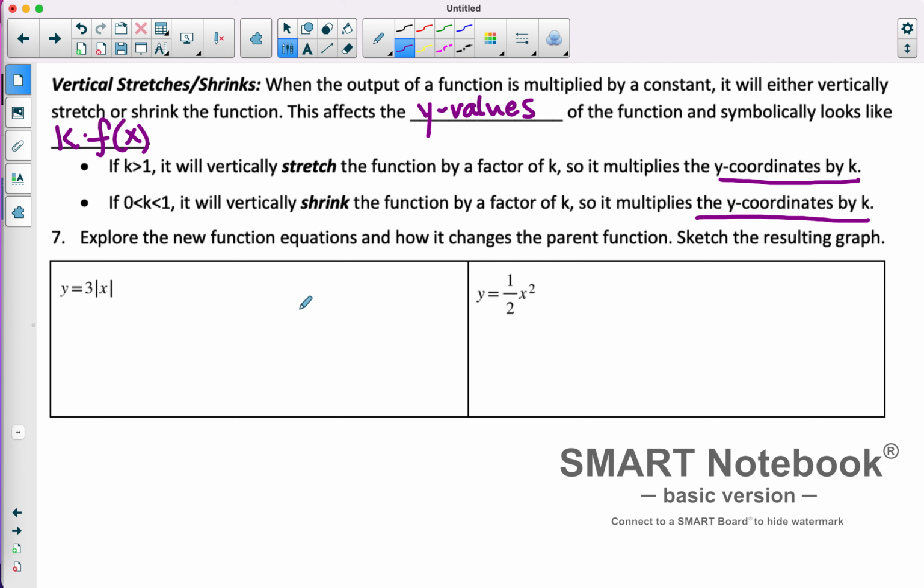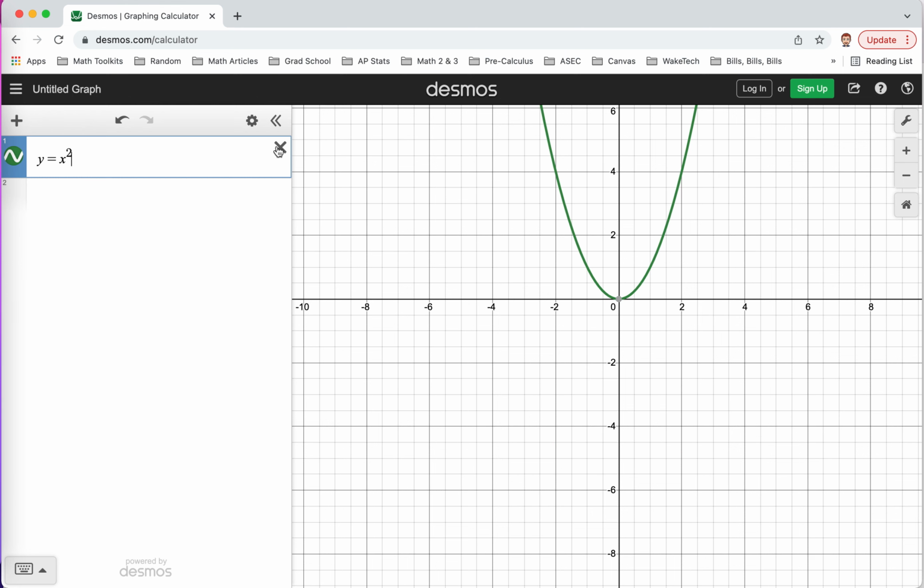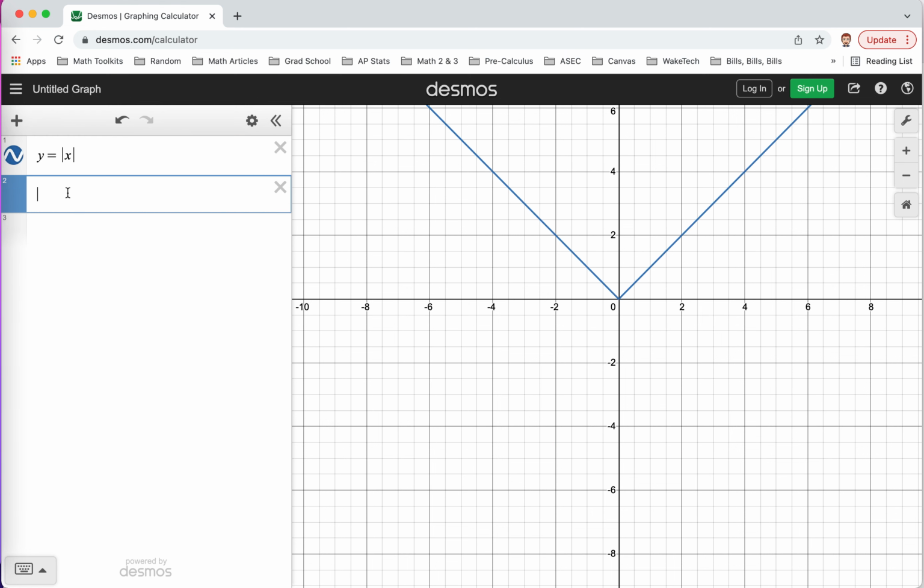So we have to investigate this a little bit more graphically. 3 absolute value of x. When we had the absolute value of x function, we know it made a V shape. If I multiply that function by 3, it has stretched this function vertically.